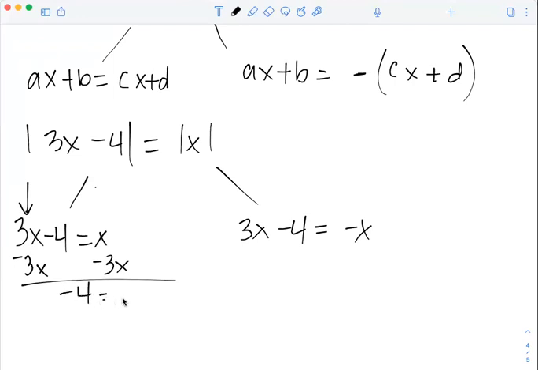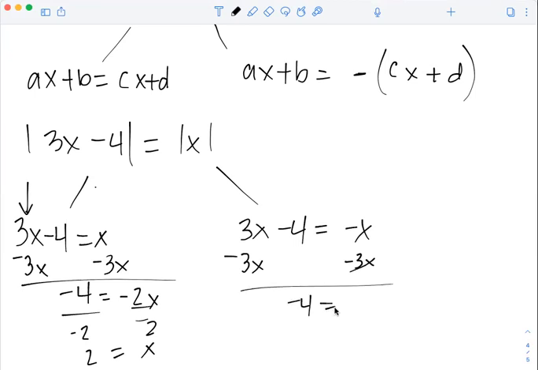So you get -4 is equal to -2x, divide by -2, and x is equal to 2. Same idea for the second one, subtract 3x, divide by -4, and x is equal to 1.